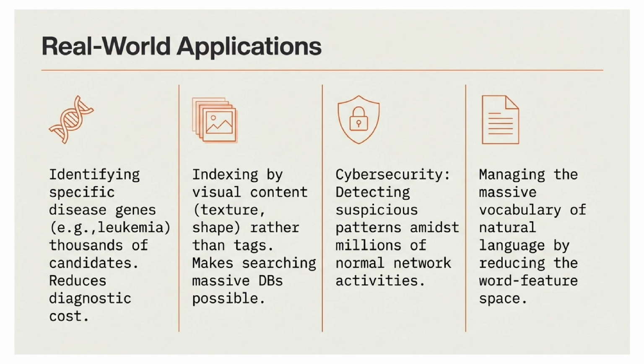In image-based systems, instead of relying on manual tags, data is indexed using visual features like texture and shape, making it possible to search through very large image databases efficiently. In cybersecurity, these methods support the detection of unusual or suspicious patterns hidden within millions of normal network activities, helping organizations respond to threats early.